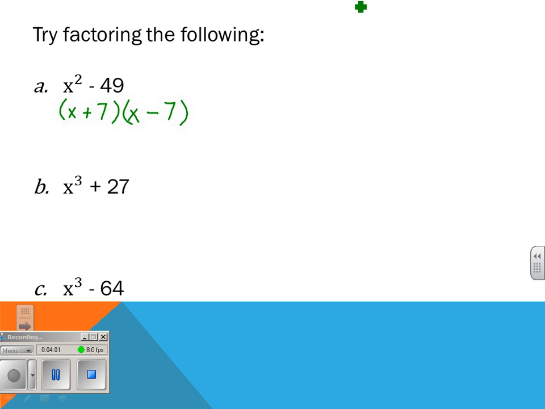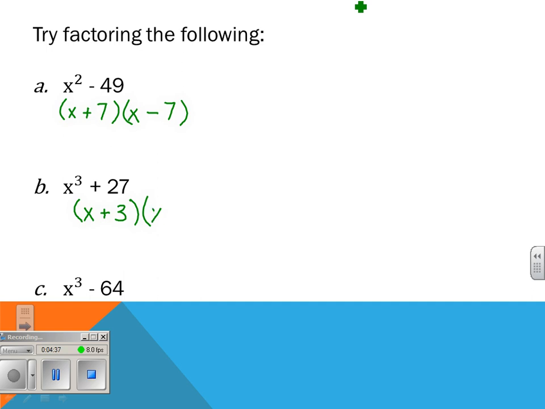Sorry about that. The first one, x cubed, is obviously a cube term. There's a plus sign in it, so that's a sum. And then the 27, it is 3 times 3 times 3, so that's another cube number. So if you remember from the pattern, our pattern said that the first factor would be the cubed root of both pieces. And the sign between them is going to match the sign that was in the problem. Now the second parenthesis is going to have a trinomial in it.